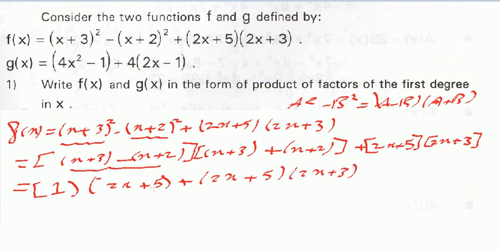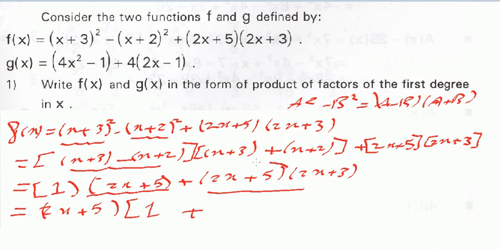As you can see, between this term here and this term here, 2x plus 5 is the common factor, isn't it? So let's take 2x plus 5 as the common factor. What remains inside here? We have here 1 plus, what remains here? We took this common factor, so what remains is 2x plus 3.